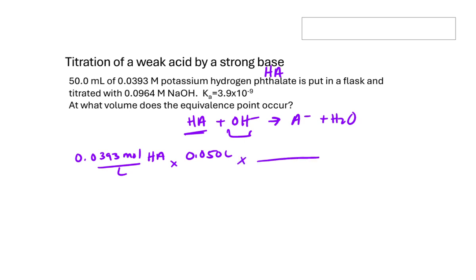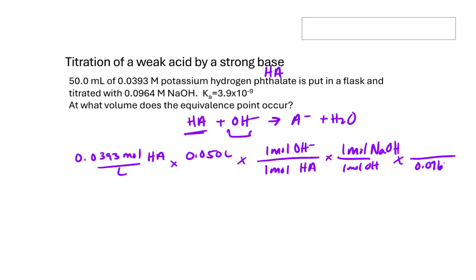We know that for every 1 mole of HA, this will react with 1 mole of OH minus. And for every 1 mole of OH minus, we have 1 mole of NaOH. So I'm being incredibly detailed here in my dimensional analysis. We also know that the concentration of sodium hydroxide is 0.0964 moles per liter.